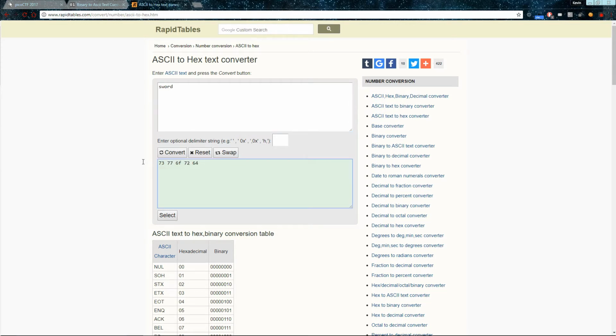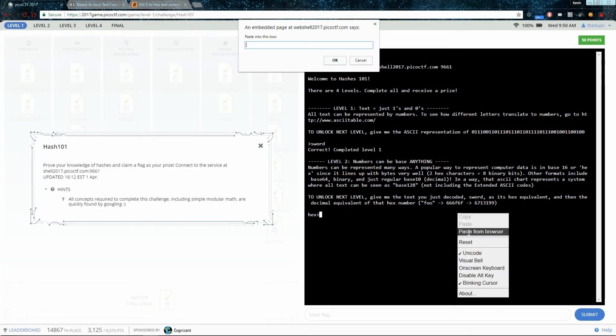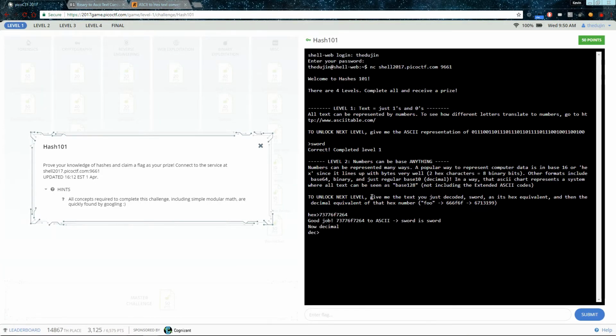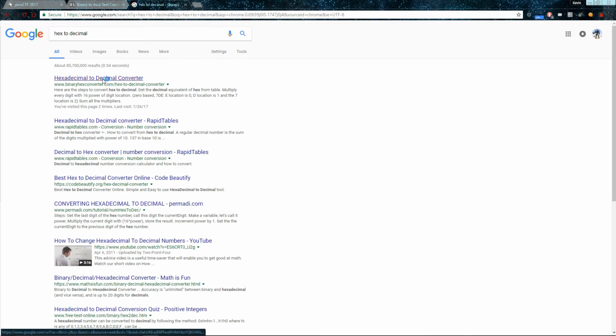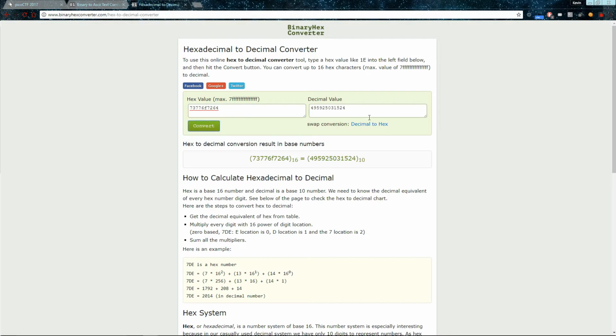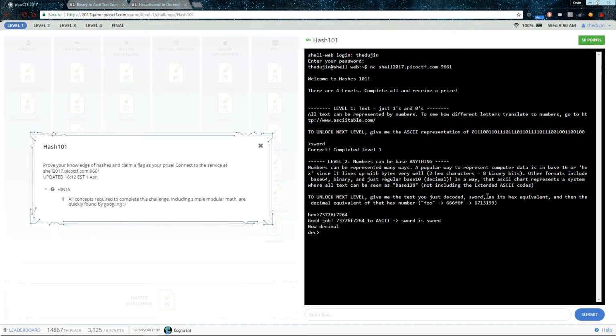We get this series of hexadecimal numbers, but we will have to remove the spaces in between to conform to the format that PicoCTF wants. So that works, and now it wants the decimal equivalent of that hexadecimal number. And we get this number.